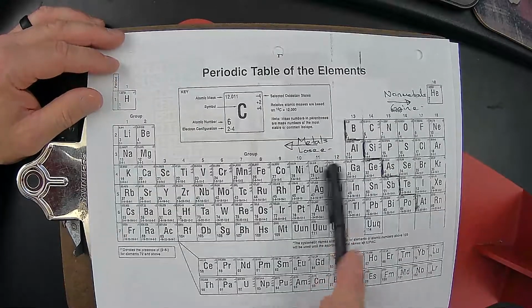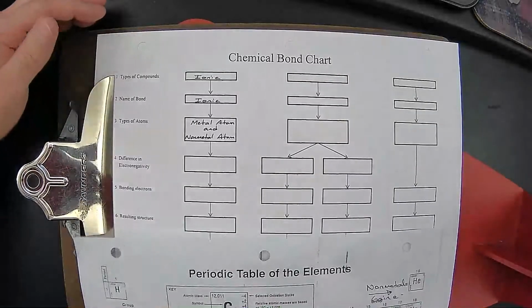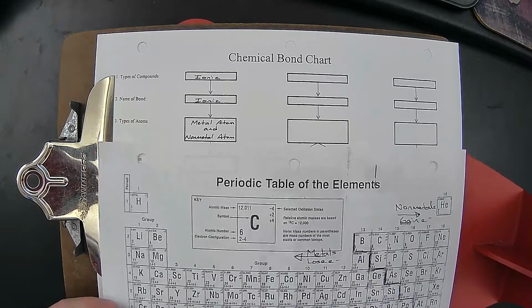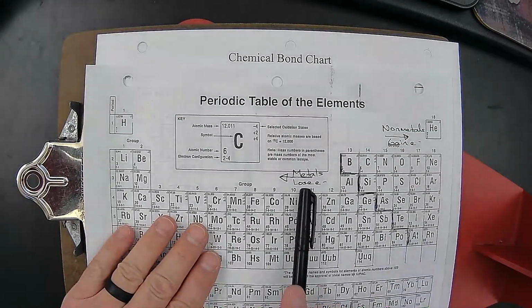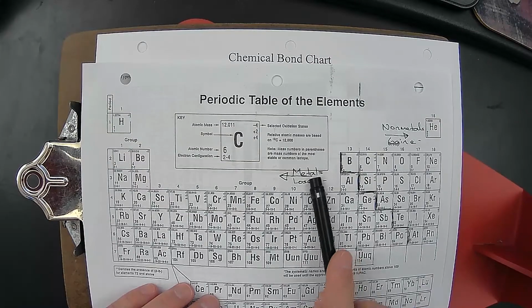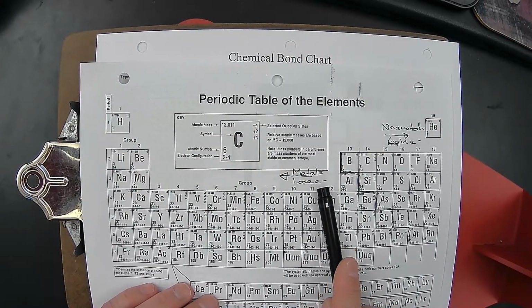The metal is going to lose its electron, and the non-metal is going to gain its electron. Now, one of the things I want to point out to you is that when the metal atom loses its electron, it turns into an ion. Because you're losing a negative electron, you turn into a positive ion.